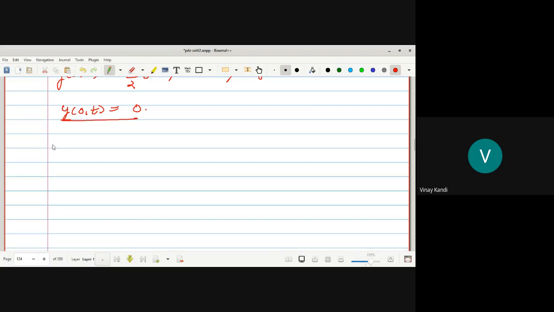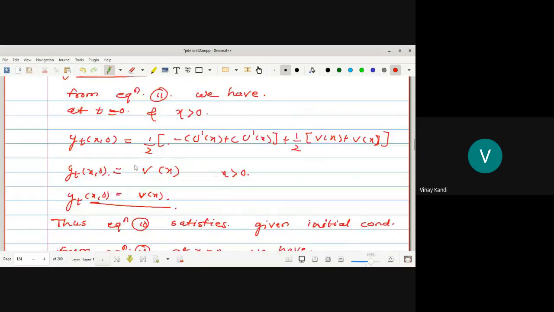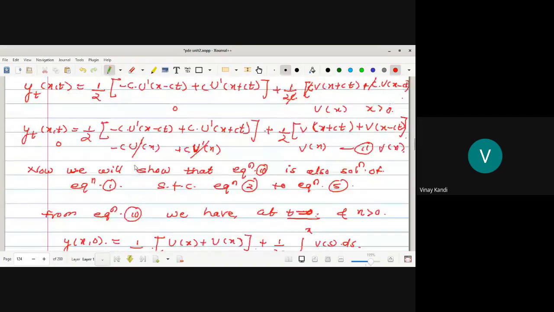Now we have to check the boundary condition number 5. Okay, from equation 11, now we have x is equal to 0. Okay, at x is equal to 0, yt of 0t is equal to equation 11. Put x is equal to 0 here. Okay, 0.